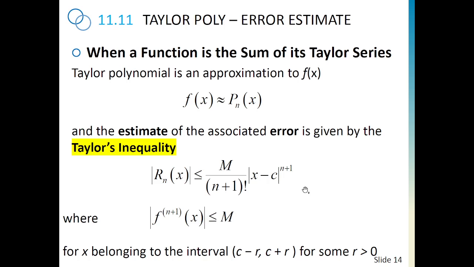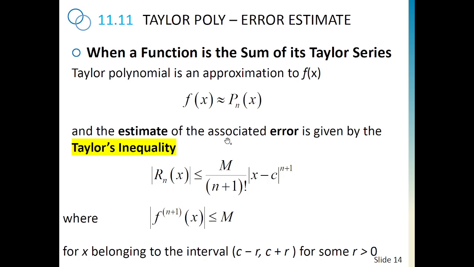To estimate the error, this is the result that we will need to remember, and we will use it regularly. So if I have a function f and I created a Taylor series, and then we prove that actually the Taylor series is equal to the function, I can use a Taylor polynomial of certain degree 1, 2, 3, 4, 5, 10, doesn't matter. So the Taylor polynomial is an approximation to the function. That's great.